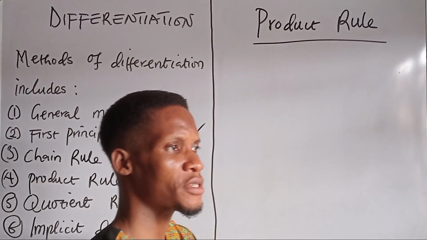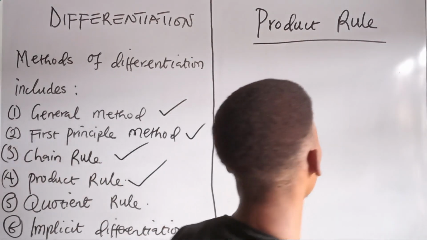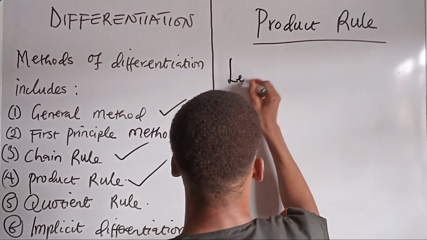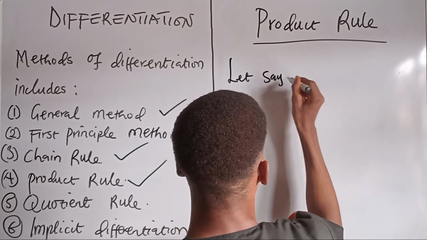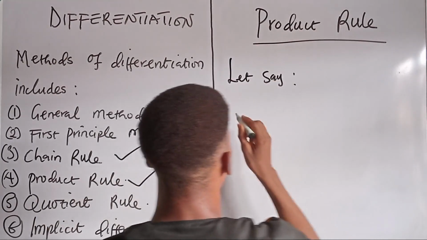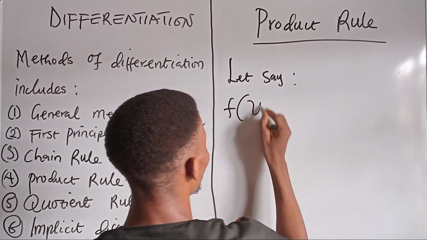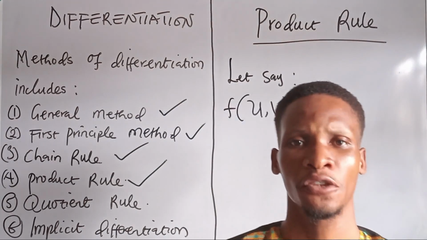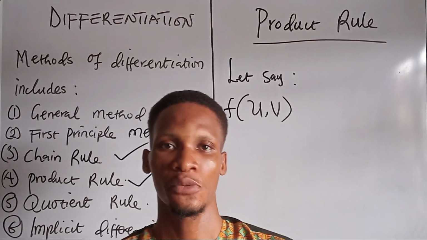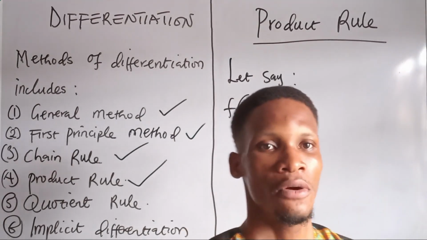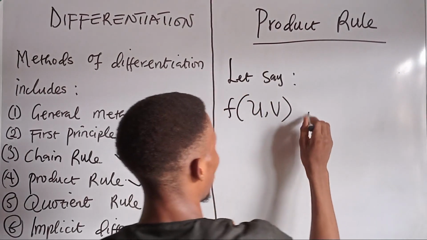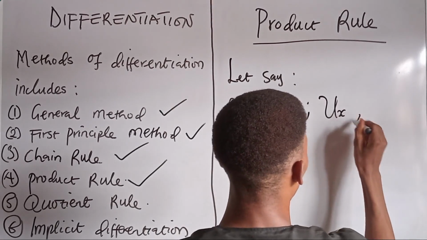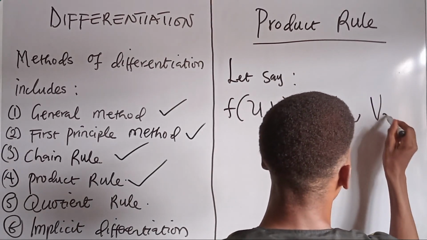So let's look at this. Let's say we have a function of u and v, where u is a function of x and v is also a function of x. What I mean is this: u here is a function of x and v is also a function of x.